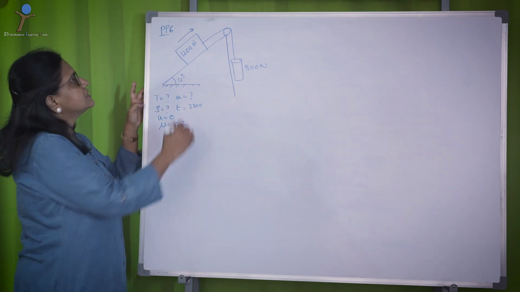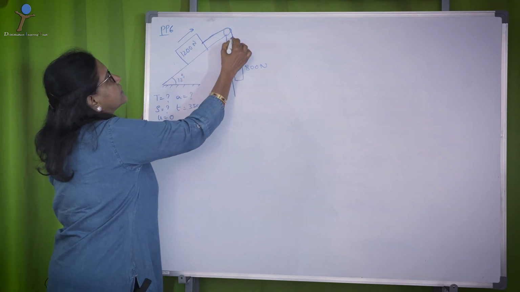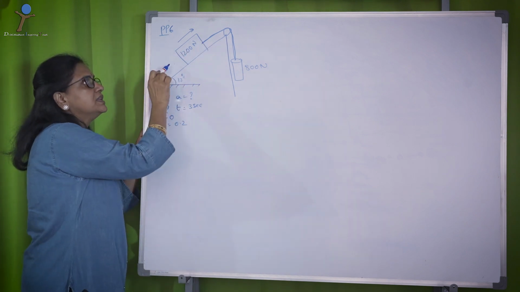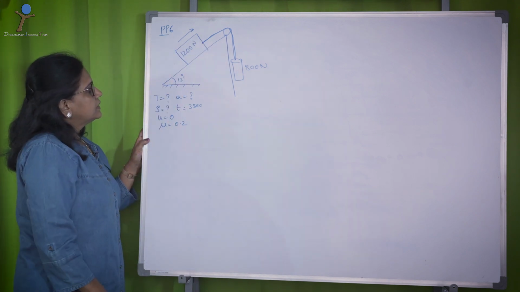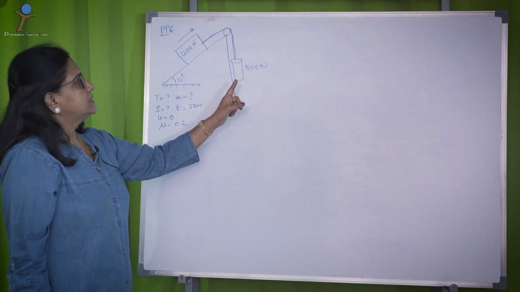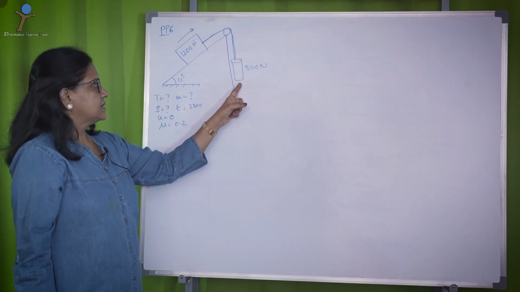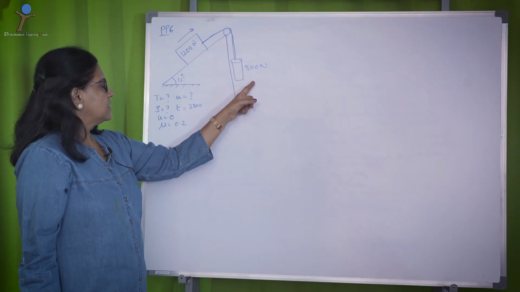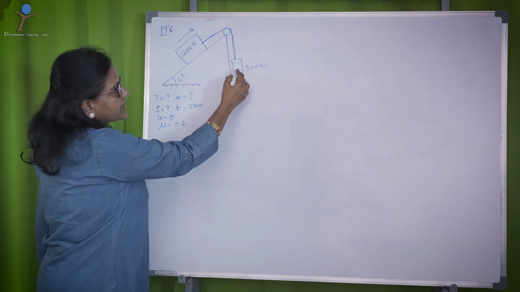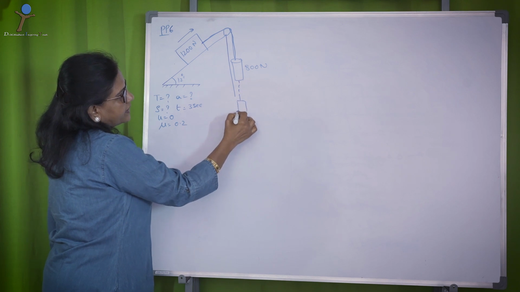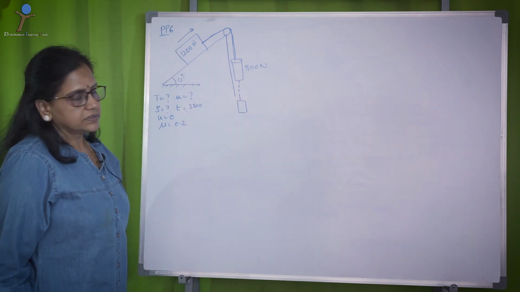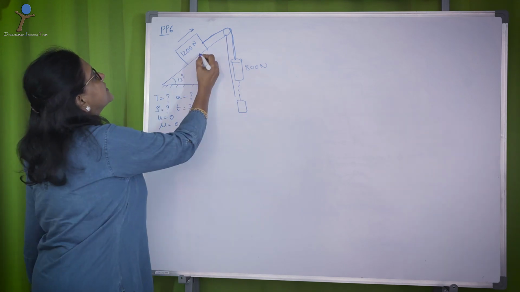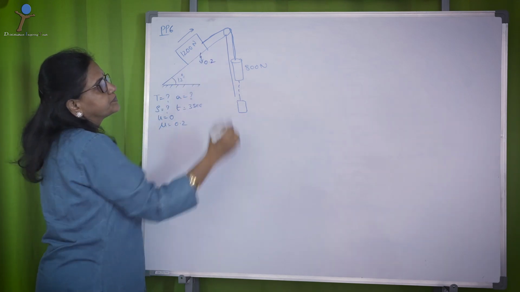The question is, what is the tension in the string, and the acceleration with which the body is moving up. The second thing is, when this body is started from rest, after the motion 3 seconds later, what is the distance covered by this body. The coefficient of friction on these two is given as 0.2.